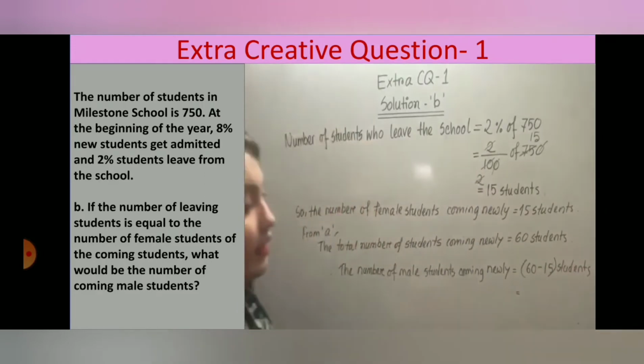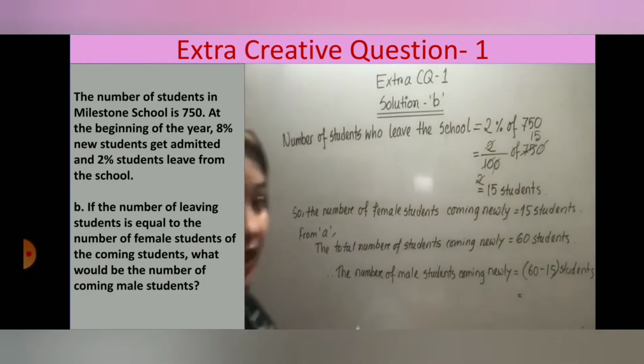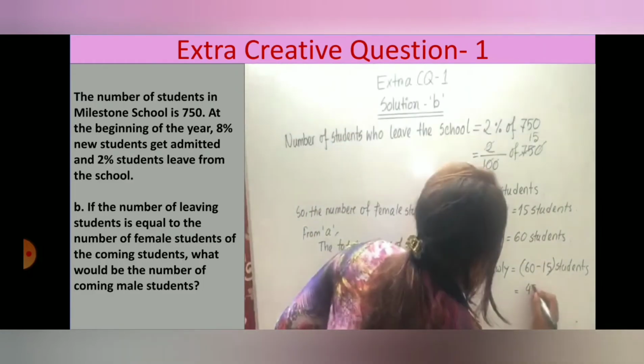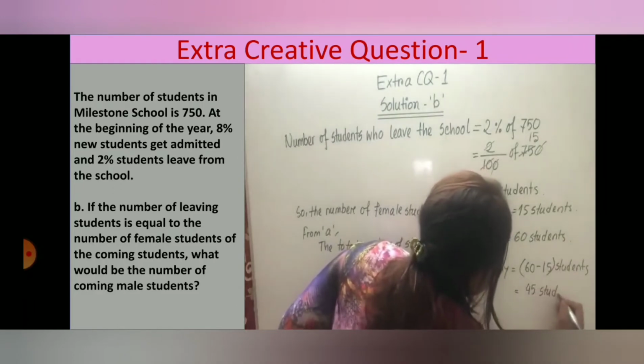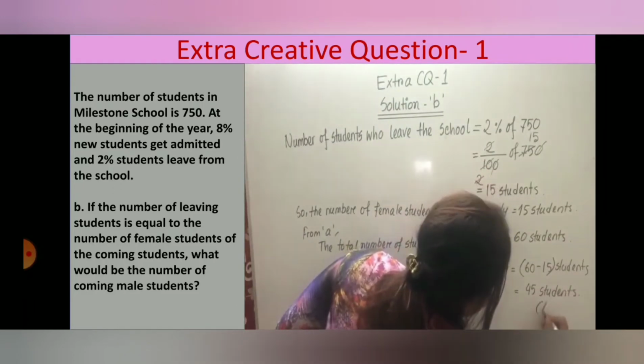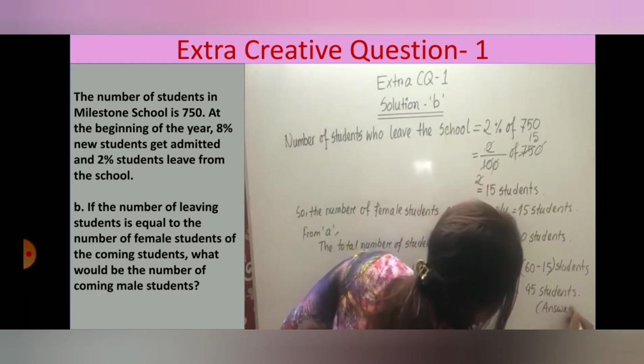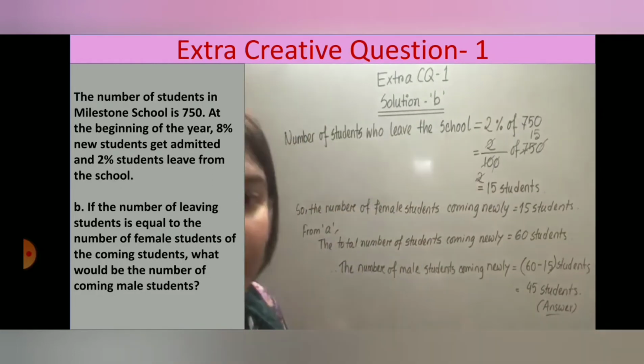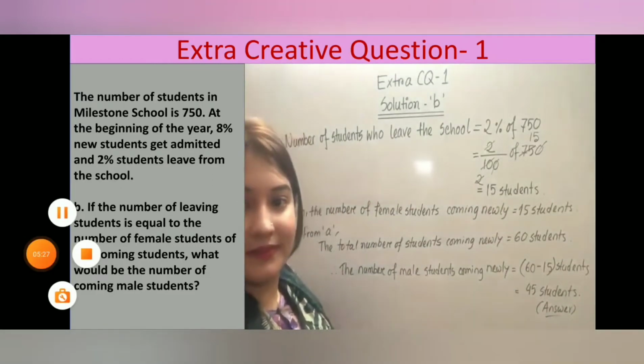So if you subtract 15 from 60, the result will be 45 students. And this is our required answer. Are you clear about this math, students?